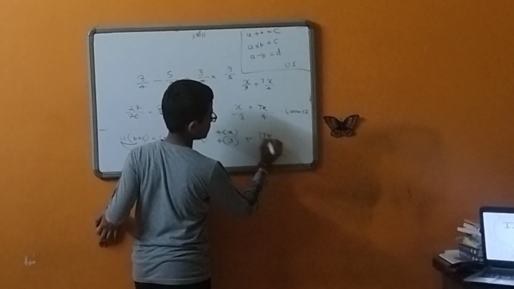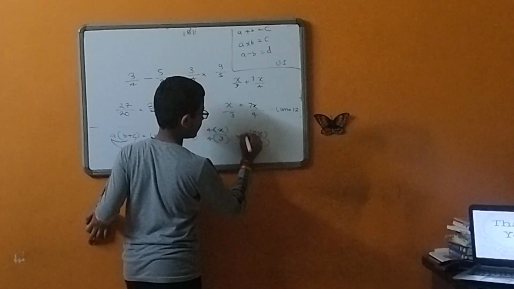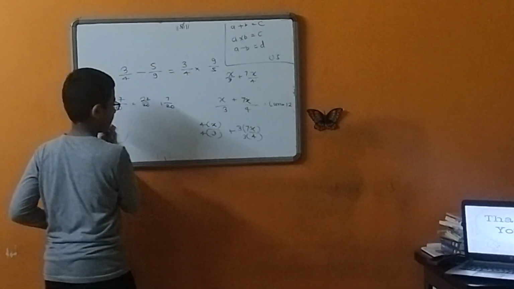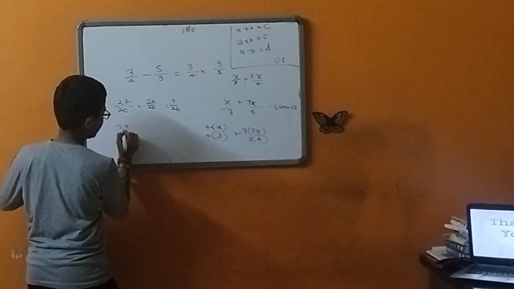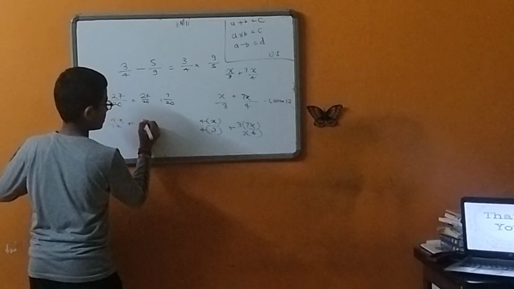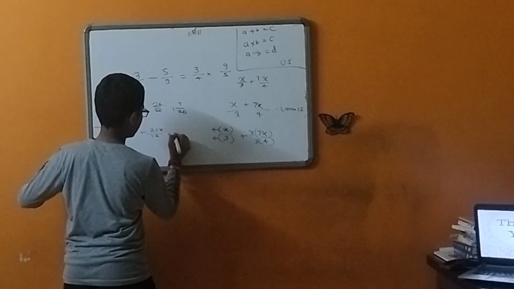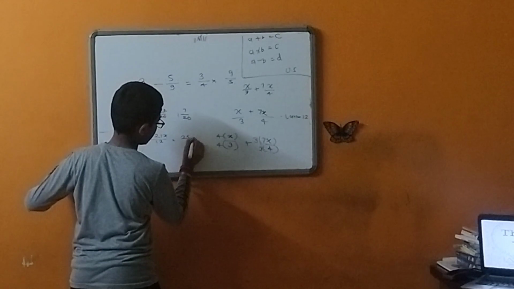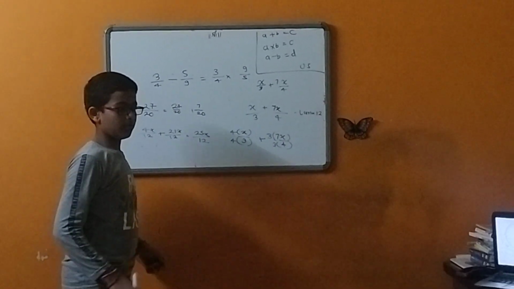And in the case of 7x by 4, we will multiply by 3. So we will get 4x by 12 plus 21x by 12, which will give us 25x by 12. Wrong. No, it is correct.